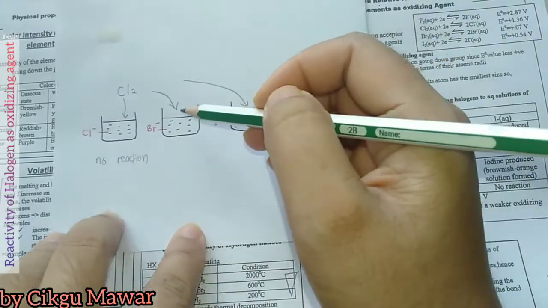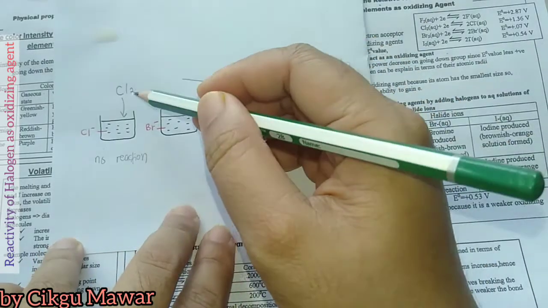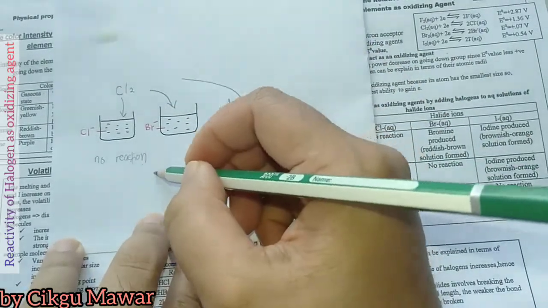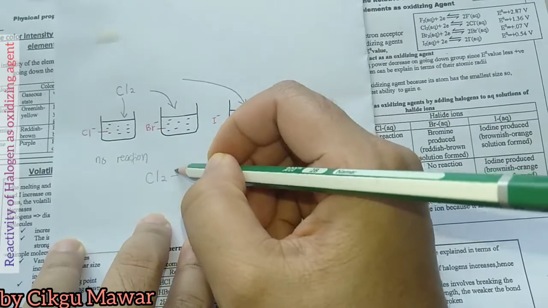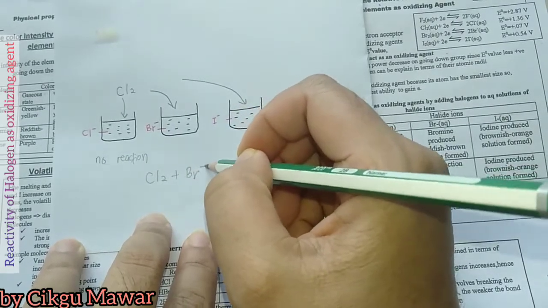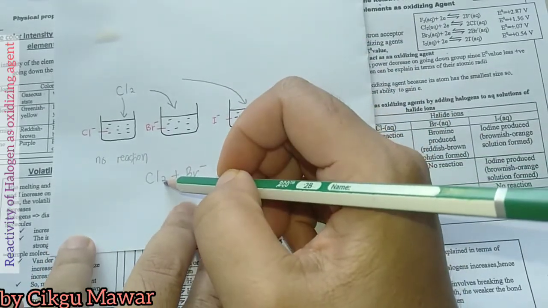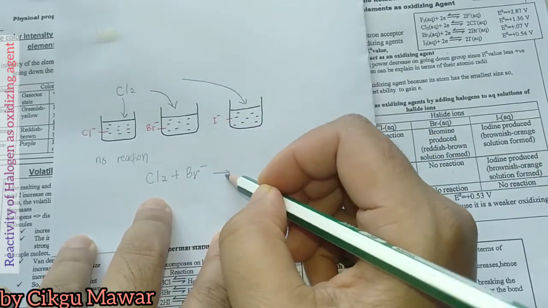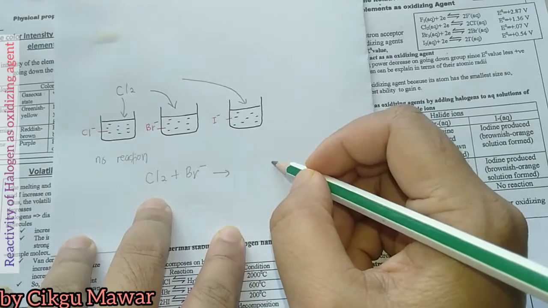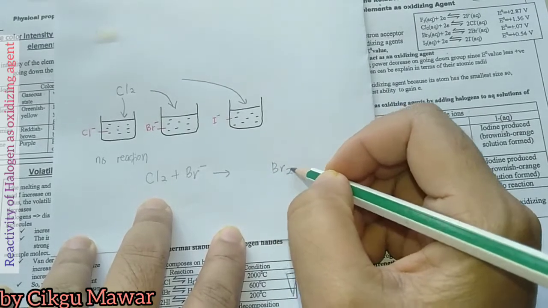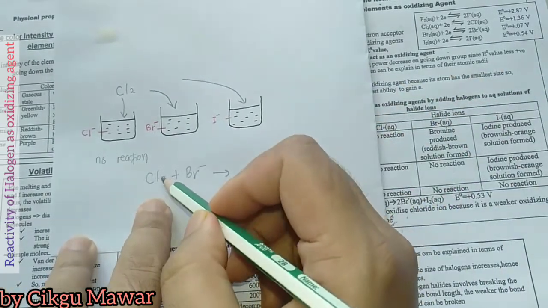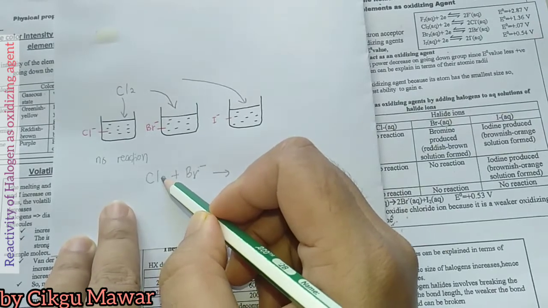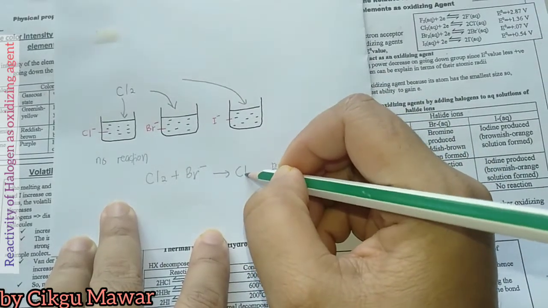For the second halide ion, how about the reaction? We have chlorine plus bromide ion. Chlorine is the stronger oxidizing agent and is able to oxidize bromide ion to form bromine molecule, and itself is reduced to form chloride ion.